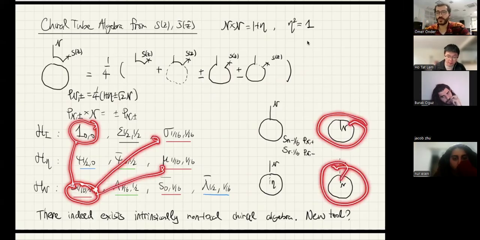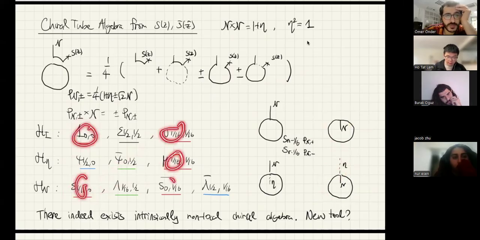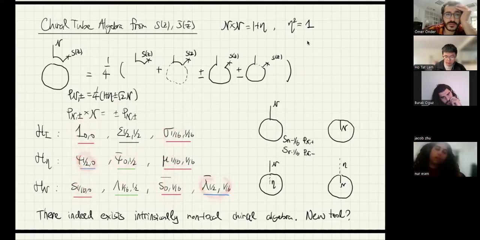Okay. So what we have seen is that we can again organize the spectrum into representations under this Chiral-2 algebra built from S operators. What is colored in red is in the same representation, what is colored in green is in the same representation, and what is colored in blue is also in the same representation. These operators form their own representation.